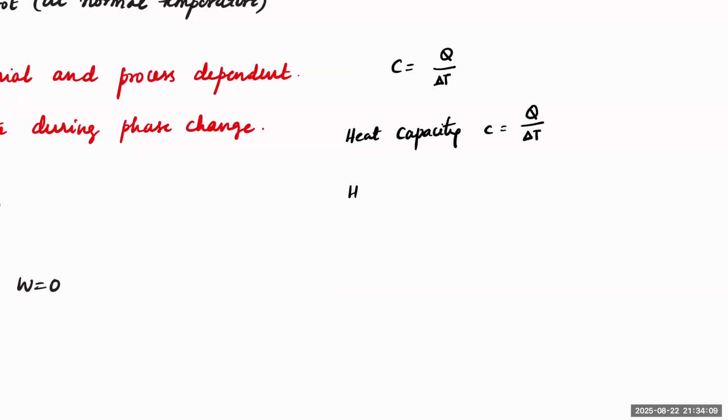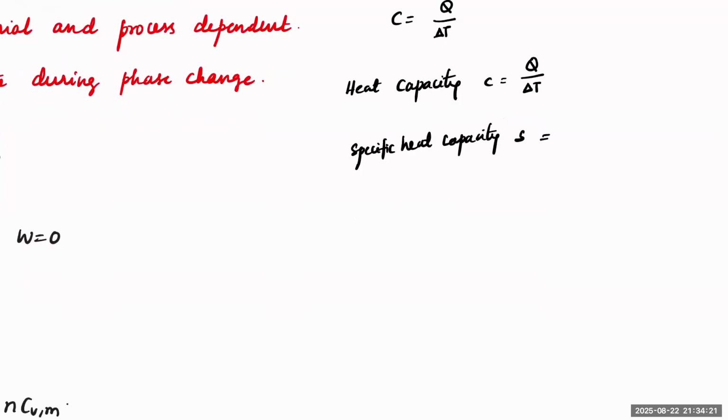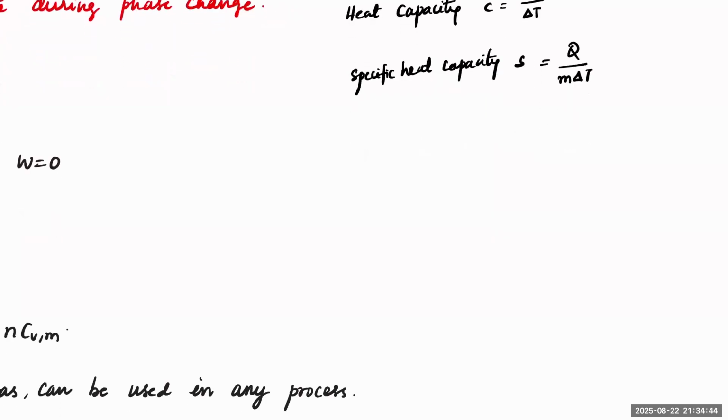Similarly, we can have specific heat capacity. In physics, you will be using this quite often. s will be equal to Q by m into delta T. So why m? Okay, because now we are doing it per gram or per kg of total heat. So that is called specific heat capacity.